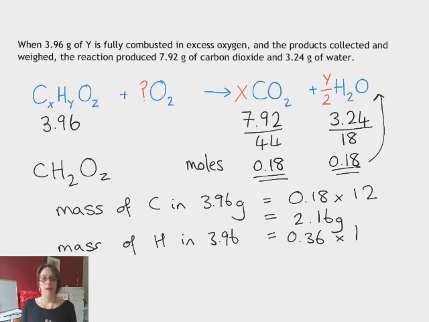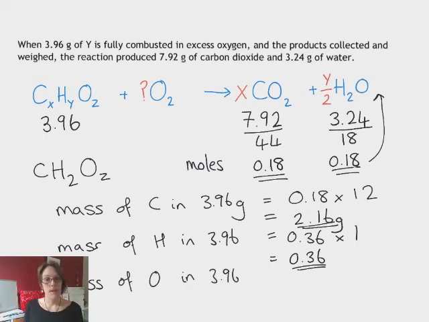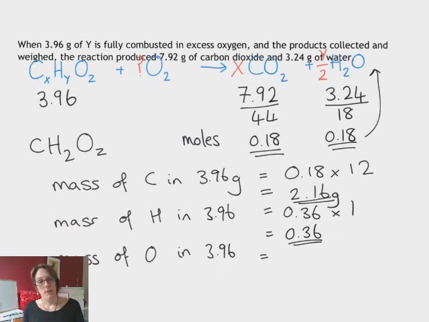So that's going to tell me that I've got 0.36 grams of hydrogen in the sample. So I now know the total mass of the carbon and hydrogen in my 3.96 grams. So therefore my mass of oxygen atoms is going to be 3.96, take away the other two, the mass of the carbon and the hydrogen.